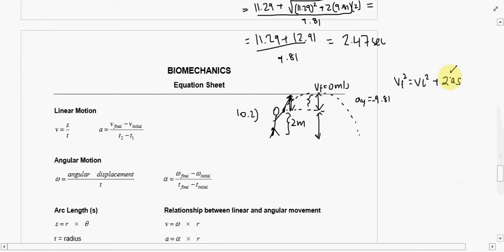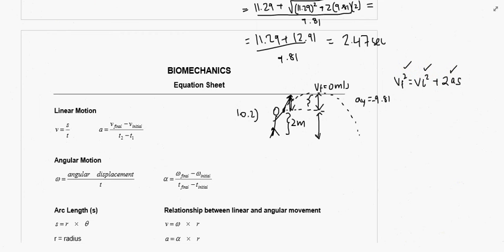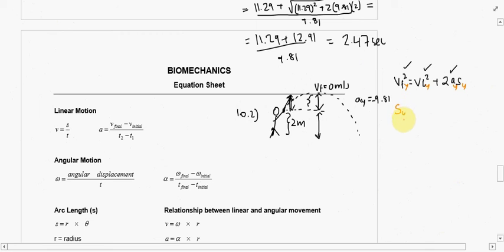I have acceleration, initial velocity, and final velocity. All of these values are in the y direction because I'm trying to solve for height, which is a vertical component. Let me rearrange this to make s the subject of the formula: sy is equal to vfy squared minus viy squared over 2 times ay.